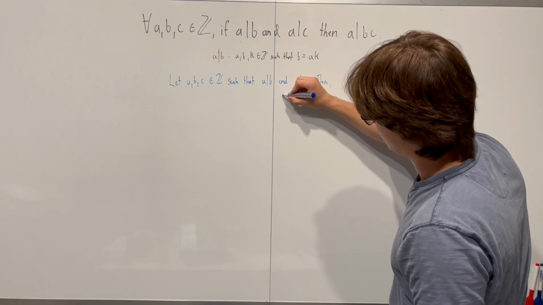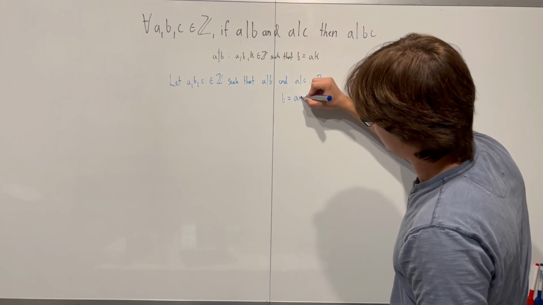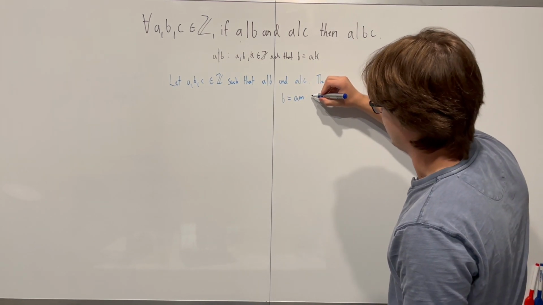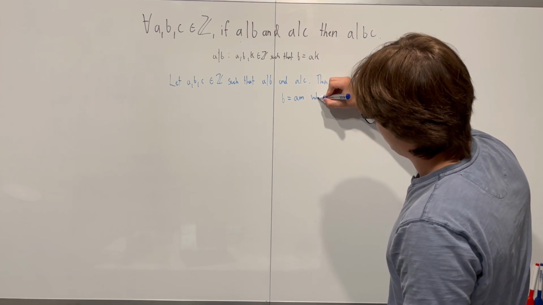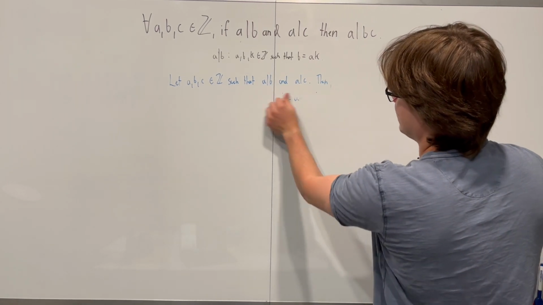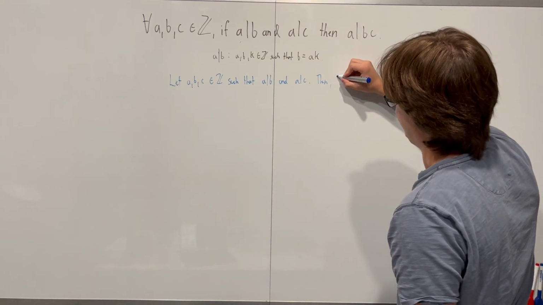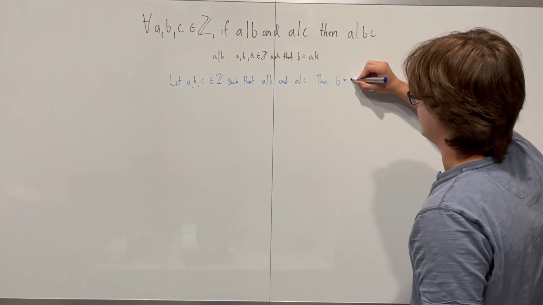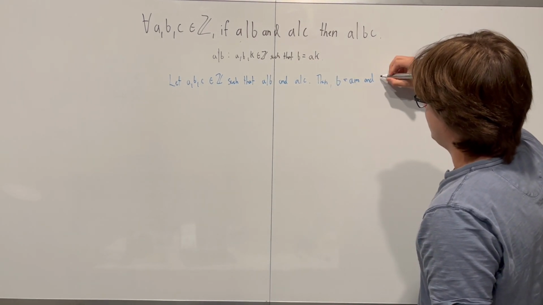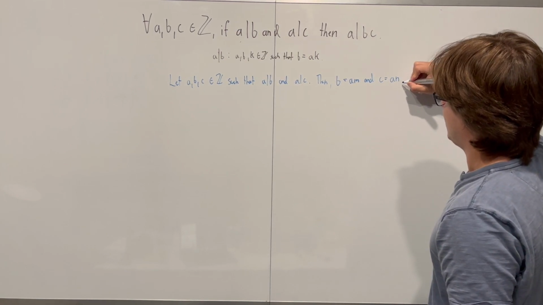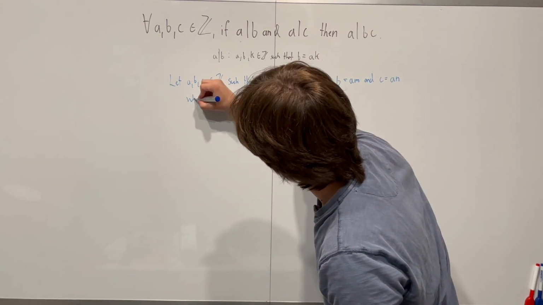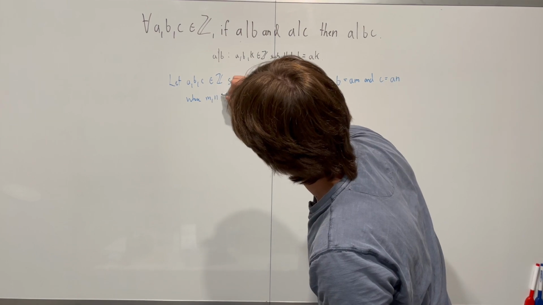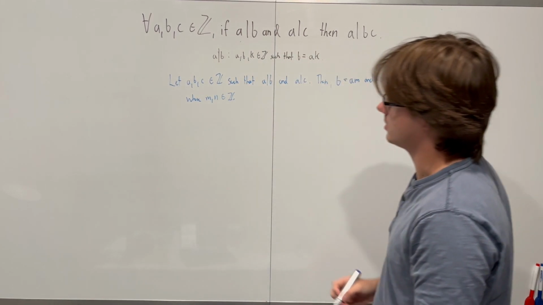This is the same as saying b can be written as a times m, and c can be written as a times n, where m and n are integers. Fantastic.